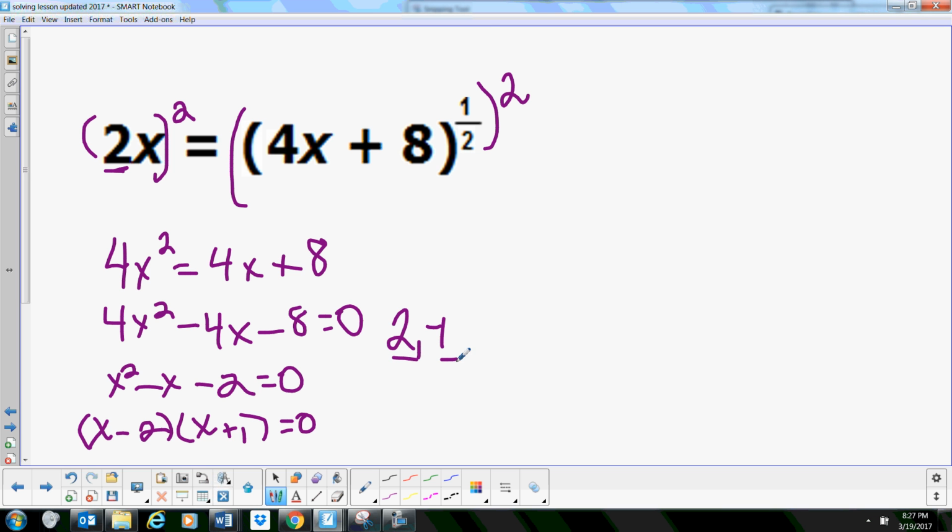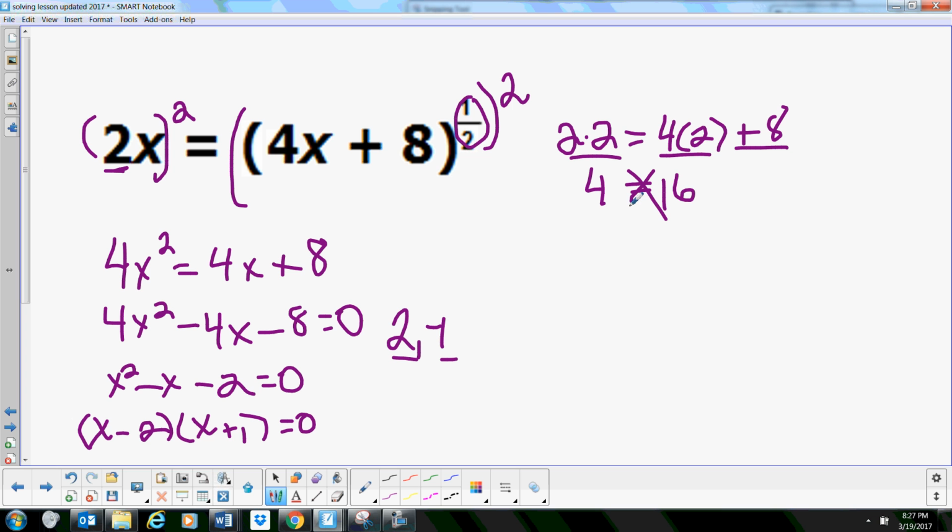But as always, especially since we've got a square root, we need to check our answers. So let's plug in 2. The left side will give us 4. And then plug in a 2 on the right side, and we're going to get 8 plus 8, which is 16.